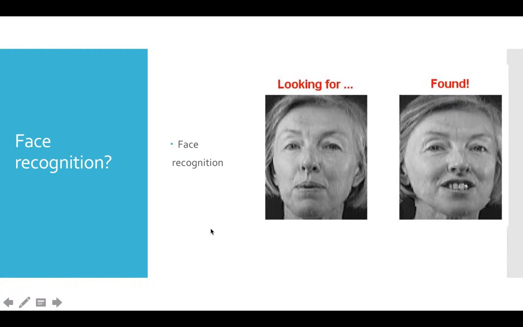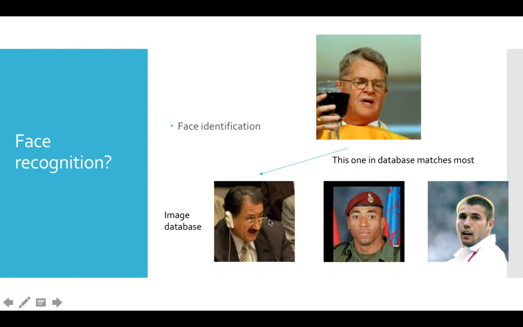Secondly, face recognition, which is trying to match the face under test with all the pictures in the database, then find out which person in the database is exactly the person in a given picture. Thirdly, face identification.